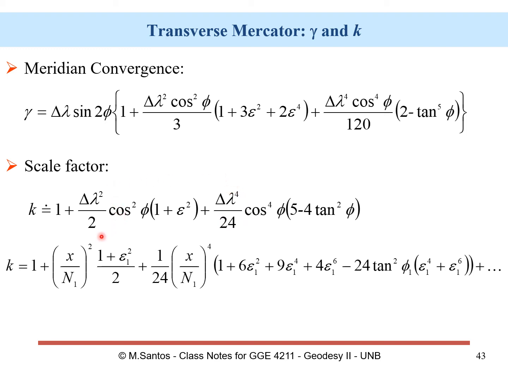One expression is as a function of geodetic coordinates. Okay, we have this symbol here, approximation, because we could have actually written something like that. This is a truncation, the same as here, but I put three little dots here.